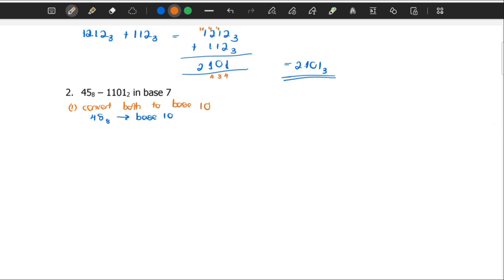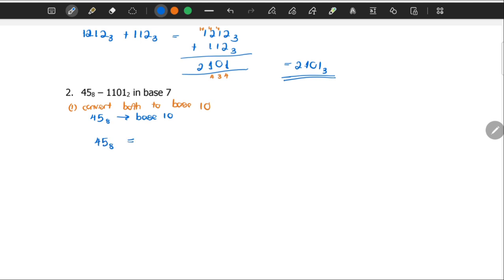Base 10 is easier to subtract or add, right? So again, we have 48 base 8, sorry, 45 base 8.